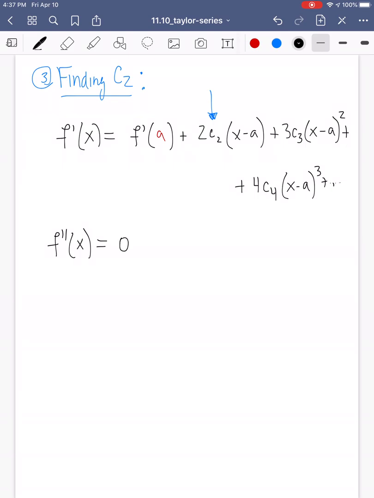So we get 0 coming from that first term when we take the derivative. Take the derivative of the next term, we get 2 times c2.